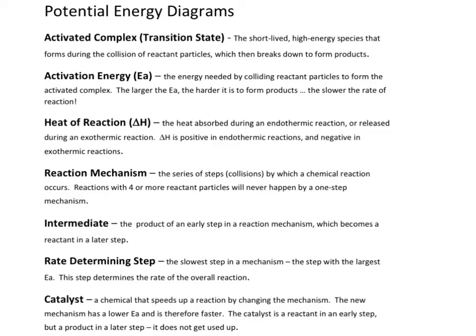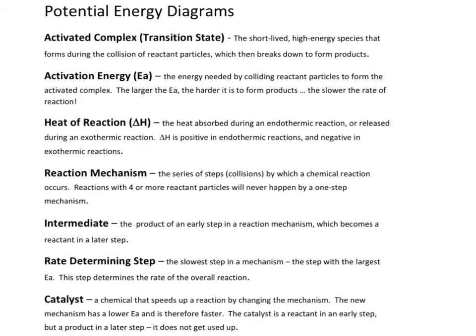We know that a collision doesn't instantaneously produce products. There is a process involved, and during that process, as reactant particles collide, their potential energy increases. As their bonds stretch and as new bonds start to form, potential energy goes up.